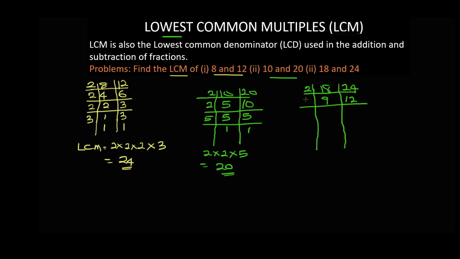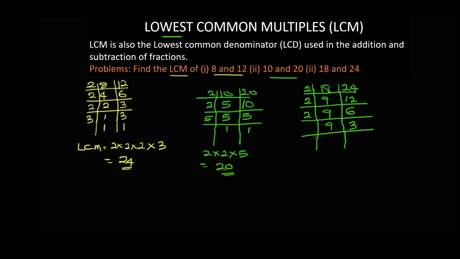So I will say 2. 2 in 9, just bring down 9 because 2 in 9 is going to have a remainder. 2 in 12 is going to be 6 times. If you look at this also, 2 can still divide 6. So I still use 2. 2 in 9 is still 9 because it's going to have a remainder. 2 in 6 is going to be 3.